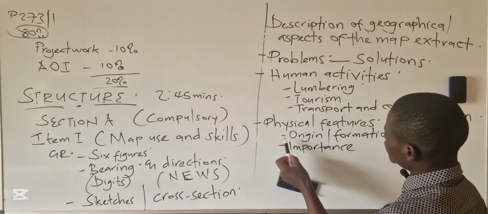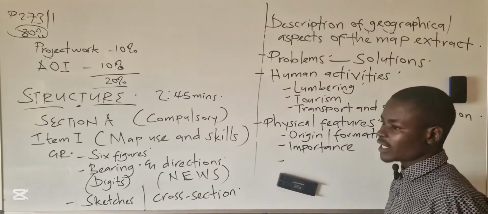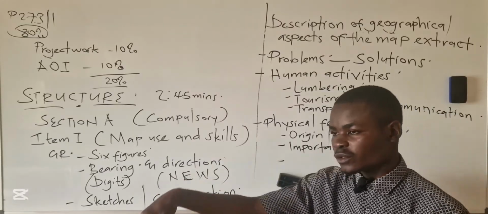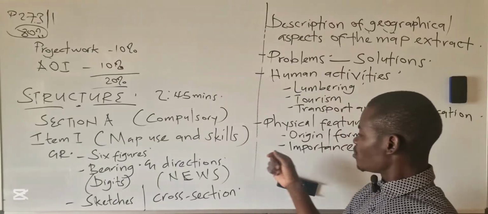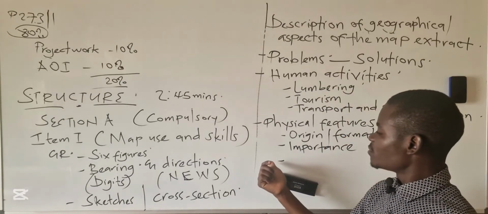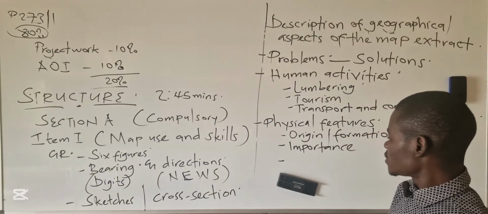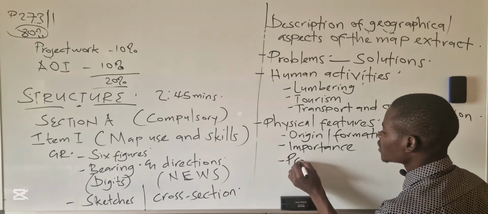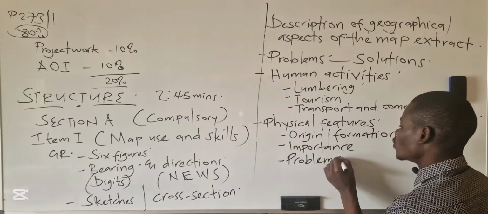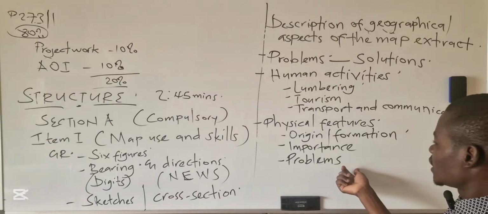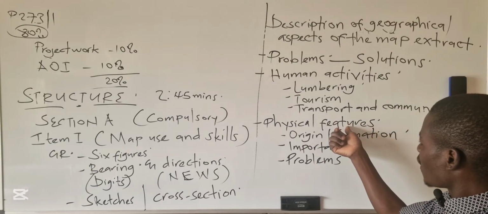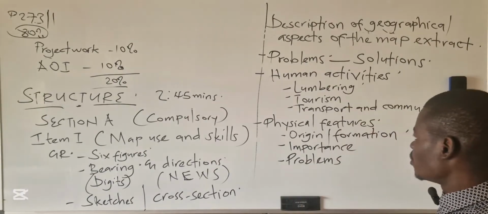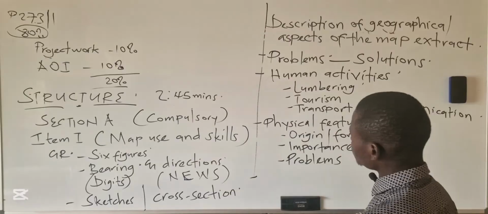So you may look at a feature that exists, but this feature is a problem to the community, meaning that some people view it as a problem, while others view it as something that is so important. You also look at the problems these physical features are posing towards the community. So it is also important to note that.